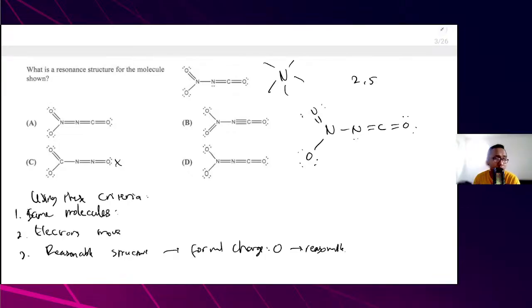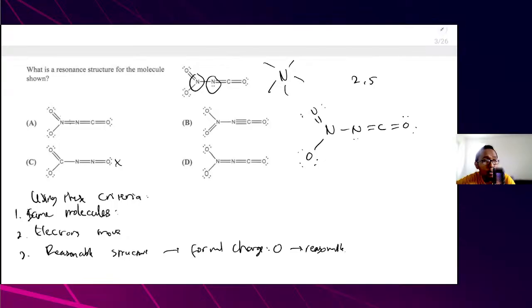So you can also eliminate a structure because of N. Let's take a look at N. As you can see, N here is 4. This one is also 4: 1, 2, 3, and then the lone pair, 4. And this one: 1, 2, 3, 4, 5.